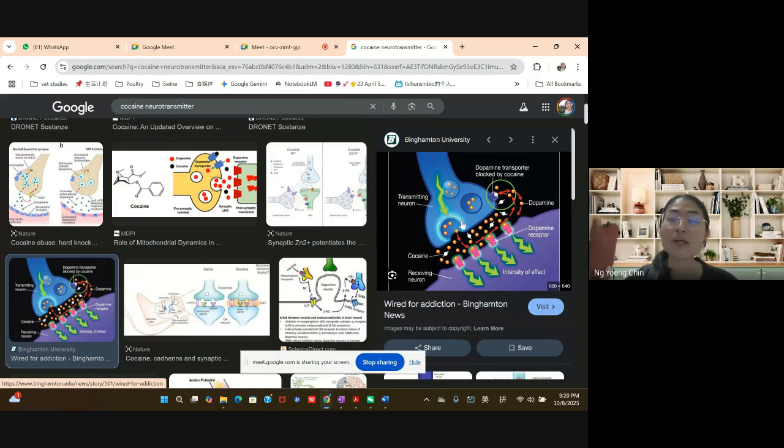But if someone takes cocaine, what will happen is that the cocaine will compete. It's not the active site, they will compete with the binding site. Cocaine will compete for the binding site on the receptor proteins. So it will prevent the dopamine from binding to the receptor proteins on the dopamine receptor.